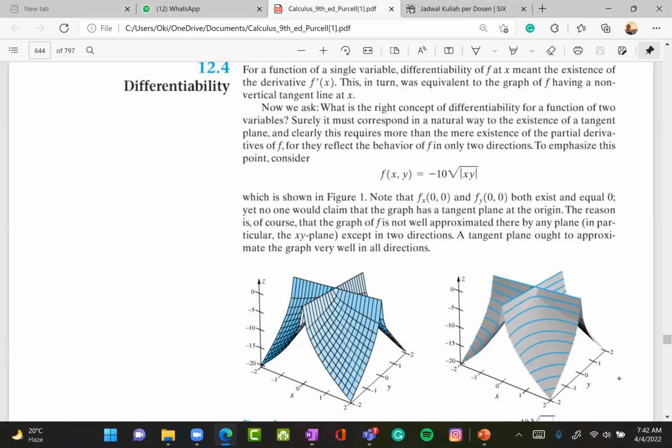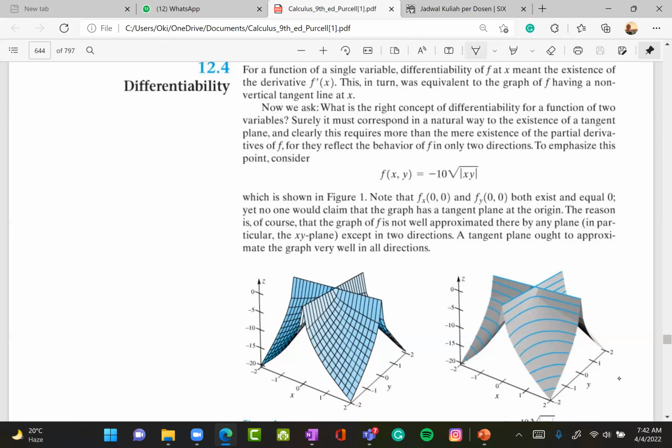This value is 0 along the x-axis and y-axis. You have xy, and you take the absolute value, so that's non-negative. Then you take the square root and multiply by negative ten to make it negative. So it's actually negative, except at the x-axis and y-axis.